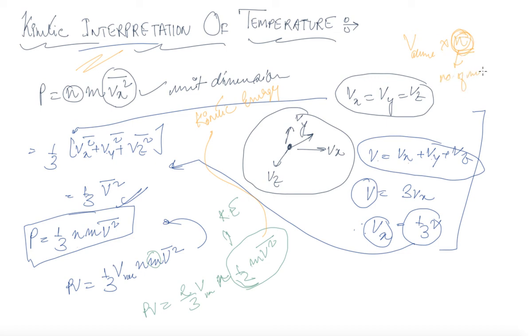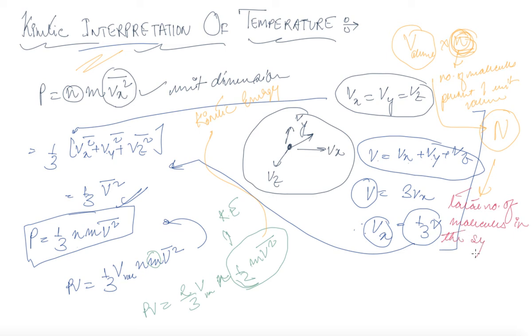If you multiply this with the total volume, you get the total number of molecules in the system.